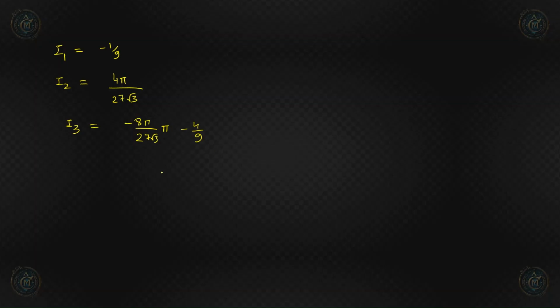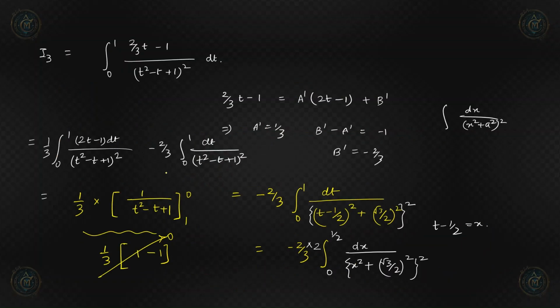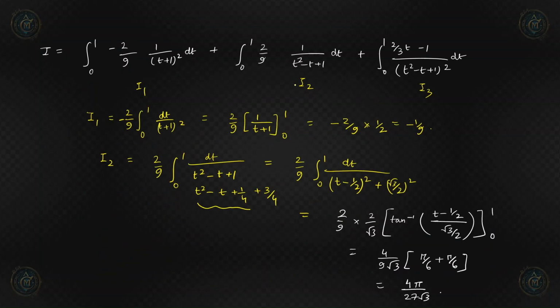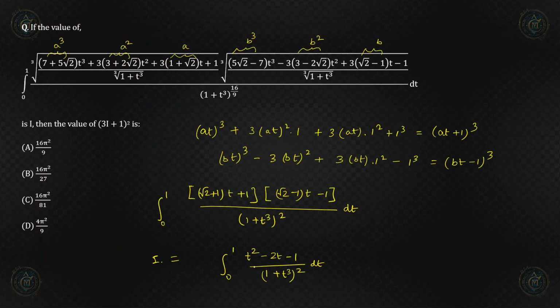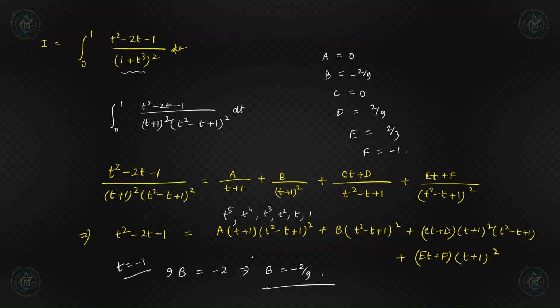Okay, let me correct one thing here. I actually calculated this b variable here to be equal to 2 by 9. So this will be 2 by 9. This was my mistake. Let me correct this. So b is coming out to be 2 by 9 and d is coming out to be minus 2 by 9.